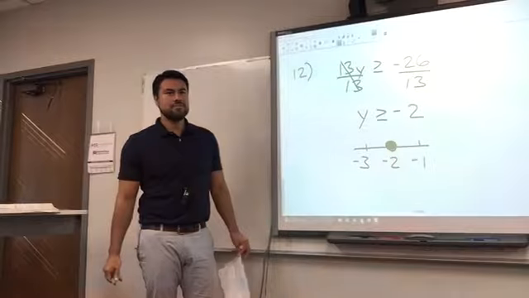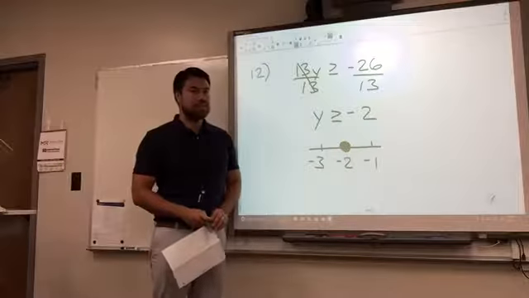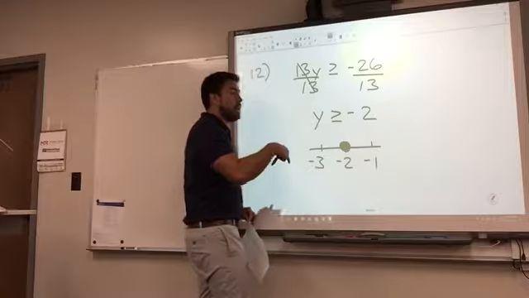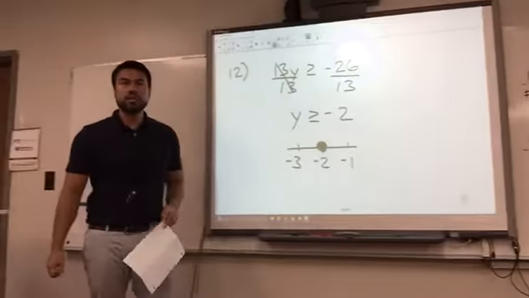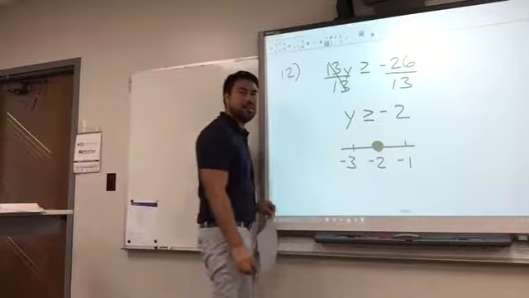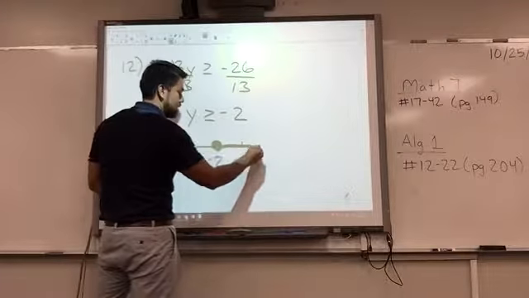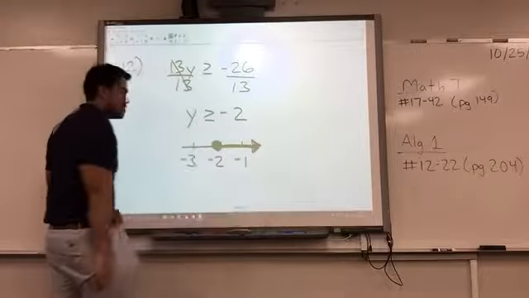Because 13 times -2 is -26, and it's saying it could be greater than or equal to. So equal to is why it's closed. And then which way should the arrow go, Tristan? To the right, which means all these numbers after -2, including -2, should be a part of the solution.